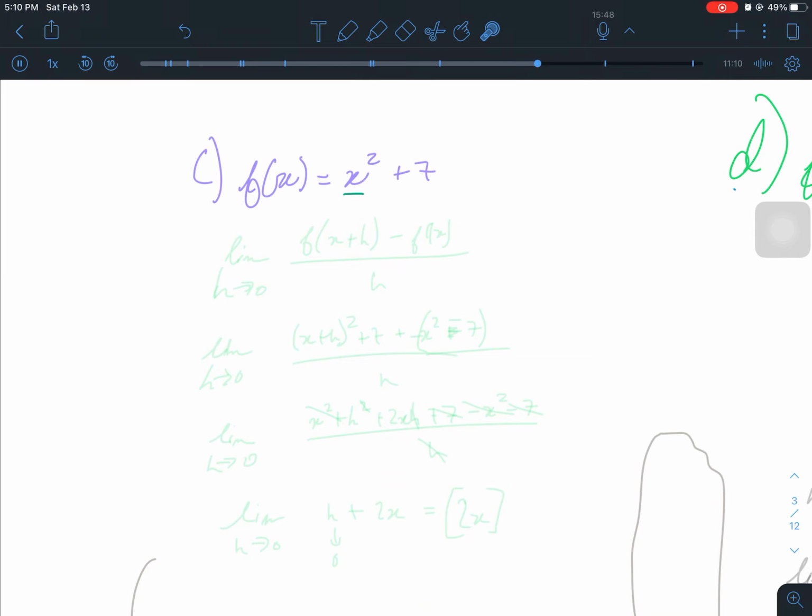Next question. Alright. Limit of h approaches 0, f of x. Now this one's a new one, x squared, right? Let's try to continue with the equation that we have, right? x plus h minus f of x over h.